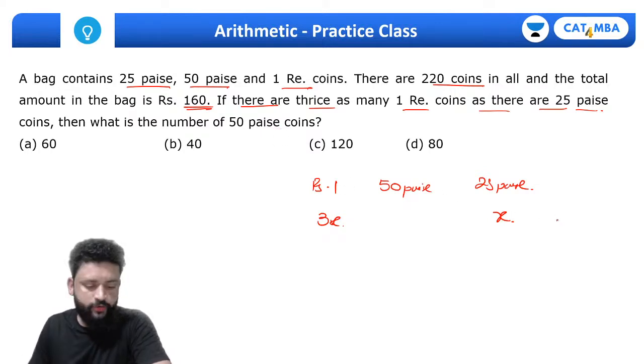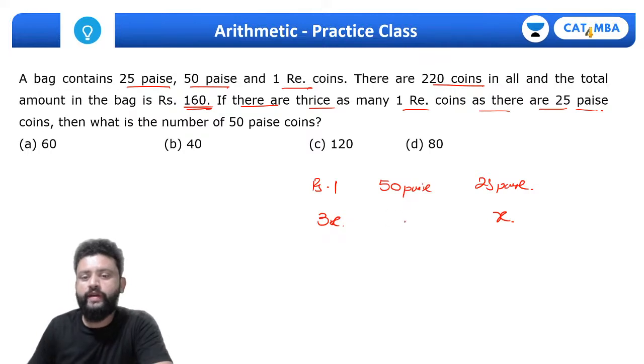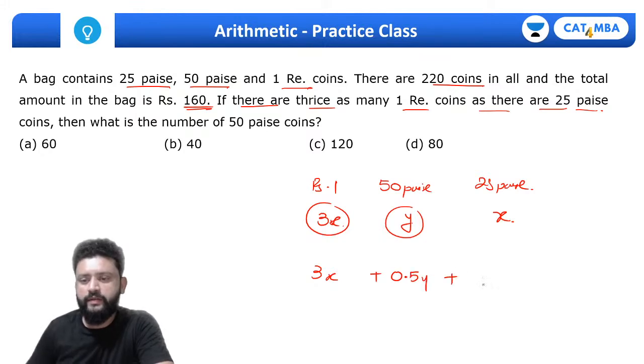There are total 220 coins, so you can take the total number of coins as y here. So the total amount is 3x plus 0.5y plus 0.25x, and this total amount has to be 160.